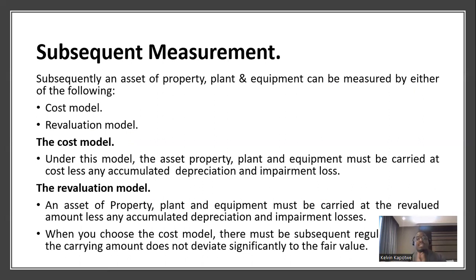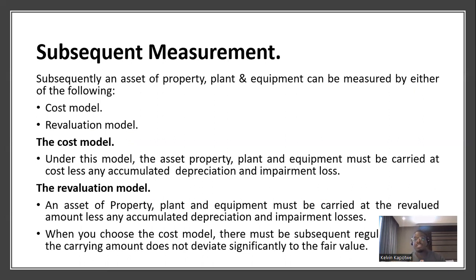So IAS 16 permits that subsequently, an asset of property, plant, and equipment can be measured by either of the following models. You can use the cost model or you can use the revaluation model.